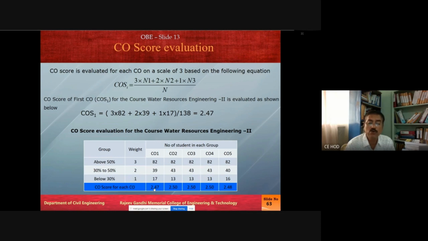The CO score is calculated based on this equation: 3 weightage for 82 students, 2 weightage for 39 students, 1 weightage for 17 students, divided by the total number of students, 138. The CO score is 2.47, sir. Like that, we have calculated all the CO scores.